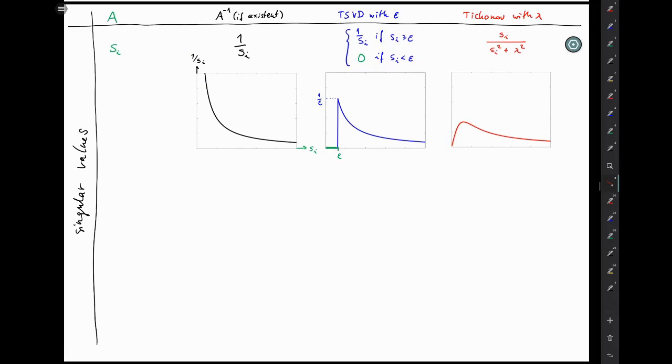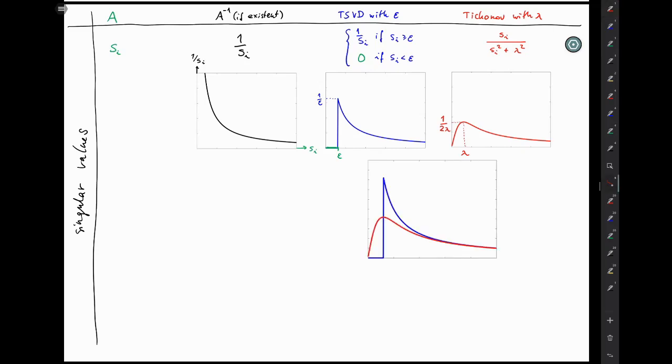It's a simple analysis 1 exercise to show that the local maximum of this function is at point lambda, and the function value there is 1 over 2 lambda. Okay, and now for better comparison, let's look at the blue and the red graph in the same diagram.